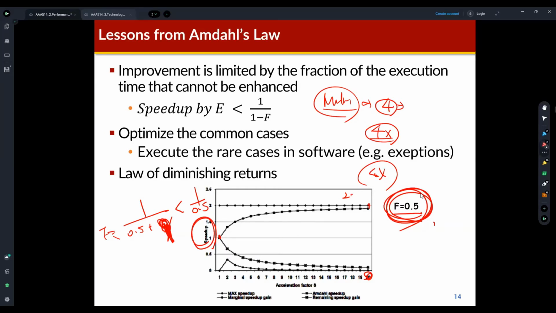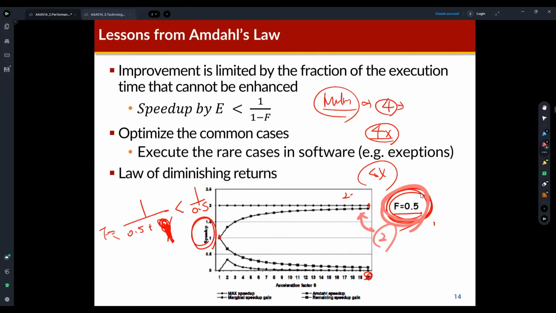So if Amdahl's law is applied, this is the number of cores, and based on this fraction of the parallelizable part, we can know that the performance is saturated around 2, even though we increase the number of cores to about 20.